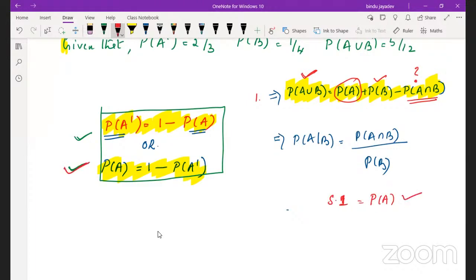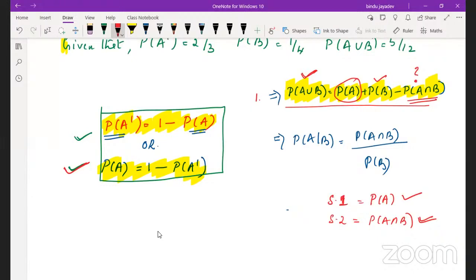Use this formula: P of A equal to 1 minus P of A dash. Second step, which formula will we use? Substitute in this formula, and you can find P of A intersection B. There are two steps and we are going to finish. Clear? Step number 1, P of A. Step number 2, P of A intersection B.